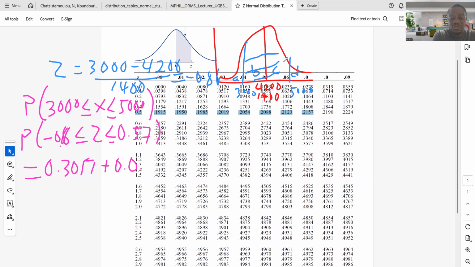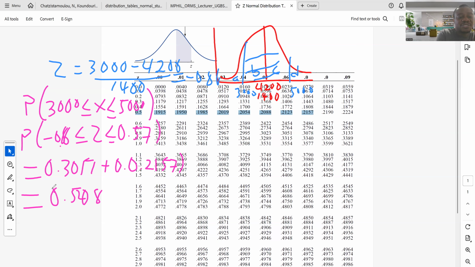So you add that to the 0.2157, and then you get your final answer. When you add these two together, you get 0.5208.